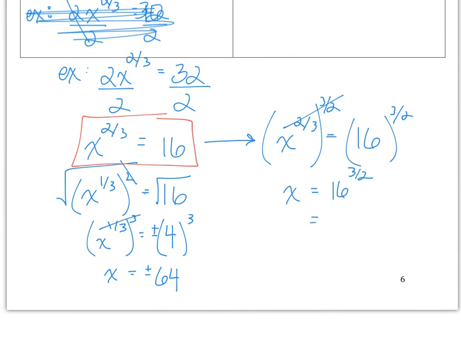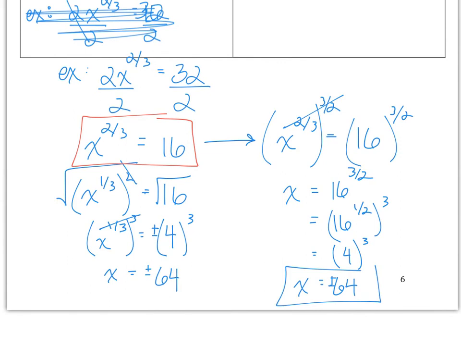And now I can rewrite this as 16 to the 1/2 to the 3rd power. 16 to the 1/2 is the square root of 16, which is 4, to the 3rd power, which gets us 64. And again, because we square rooted it, we need the plus or minus in our answer. You can solve both ways. I think that my preference would be this one right here, okay?